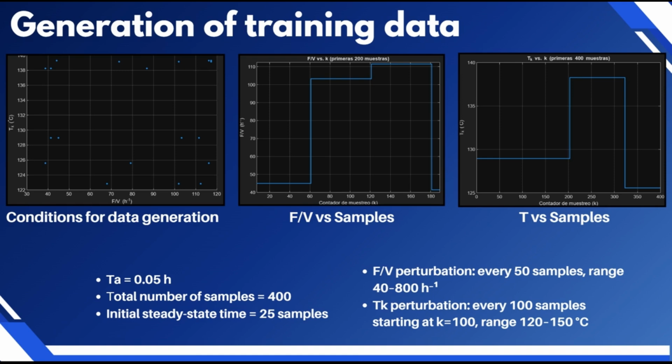The flow rate was randomly changed every 50 samples to create diverse operational scenarios. Finally, after the 100th sample, the temperature was changed every 100 samples between 120 and 150 degrees Celsius to introduce a thermal disturbance after the initial flow variations.